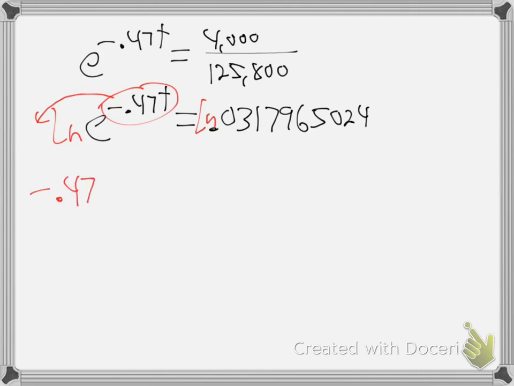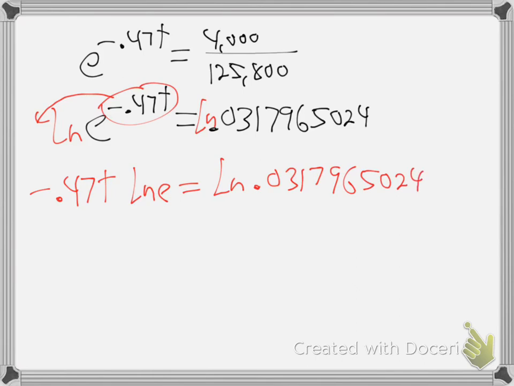Minus 0.47t ln e is ln of 0.0317965024. ln of e is 1. Last step to get t alone. Divide by negative 0.47. Boom. T equals.